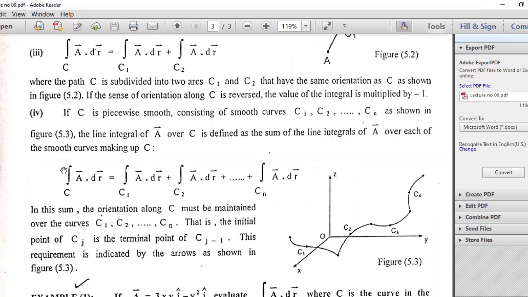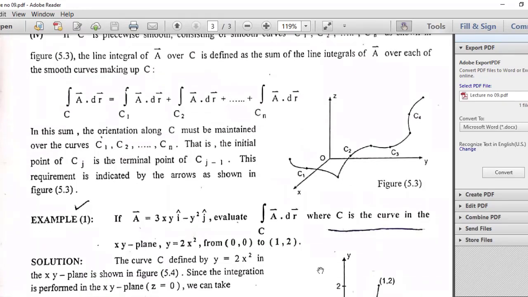Then we add these curves one by one, and the result is equal to the integral of A dot dr. In this sum, the orientation along C must be maintained over the curves C1, C2 up to Cn. That is, the initial point of Cj is the terminal point of Cj minus 1. This requirement is indicated by the arrows as shown in the figure.